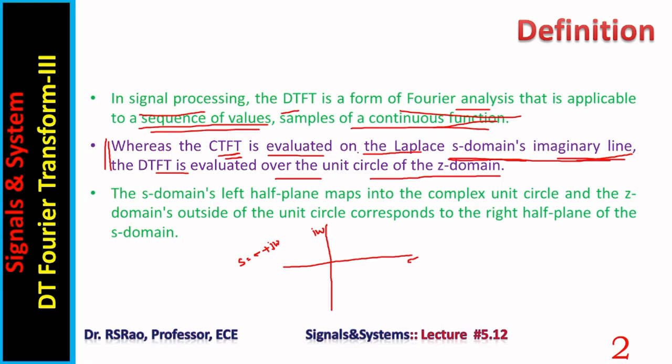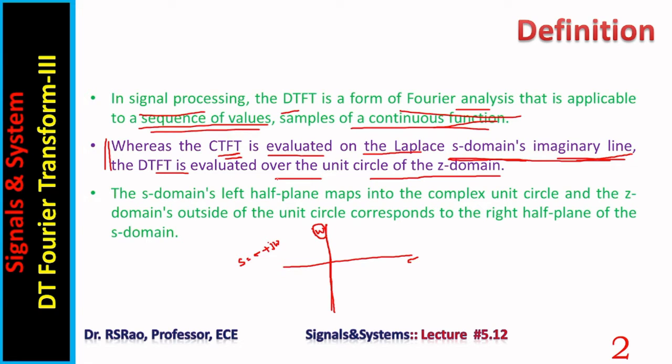CTFT is evaluated on the S-domain's imaginary line. Imaginary line means vertical axis. The vertical axis denotes real frequency. The transform variable in the case of CTFT is omega, real frequency.